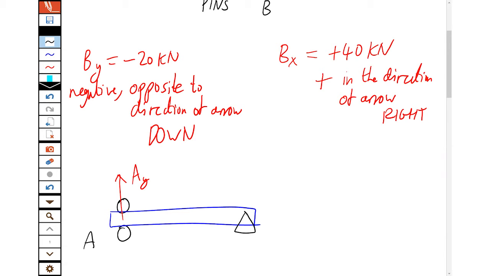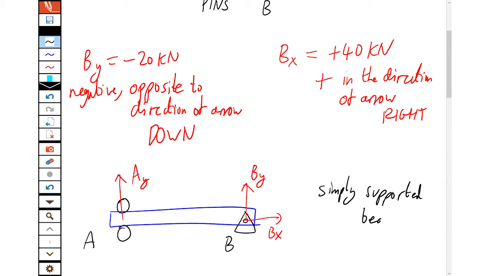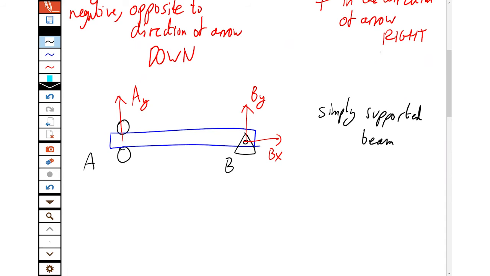Now, if you have a roller at one end and a pin at the other, you'll see this situation a lot on the course. This is called a simply supported beam. And it's a great situation. Why is that?